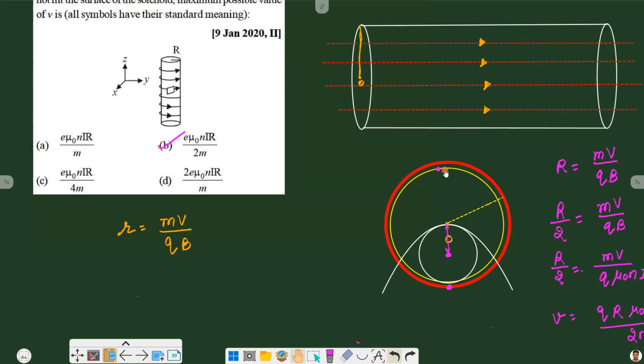If we project that electron from one of the points near the surface of the solenoid, in that case we can have radius r for this rotation, and in that scenario this expression will be valid, and our answer will become option A. So it depends upon the point at which we are projecting the electron. If we are projecting the electron at the center, then the maximum radius it can take is r/2. And if we are projecting it near the surface, then the maximum radius it can take is equal to the radius of the solenoid.